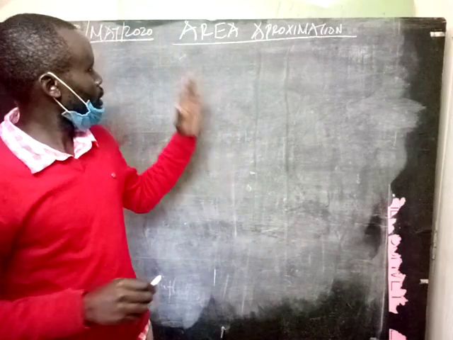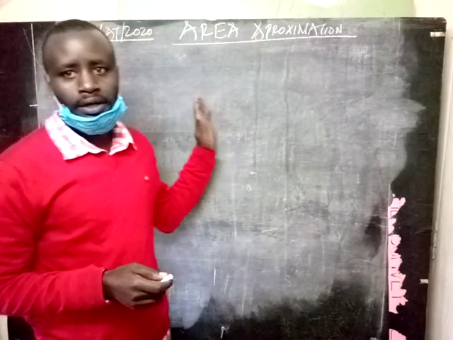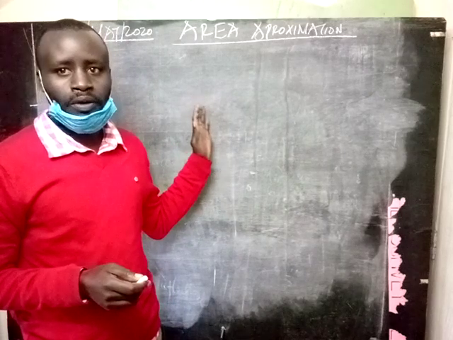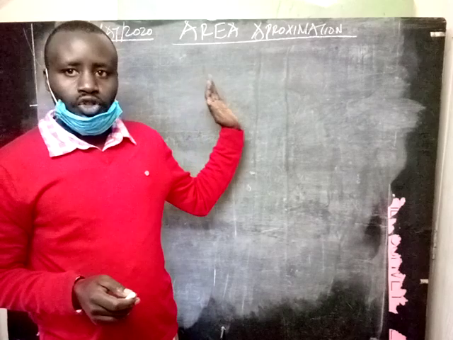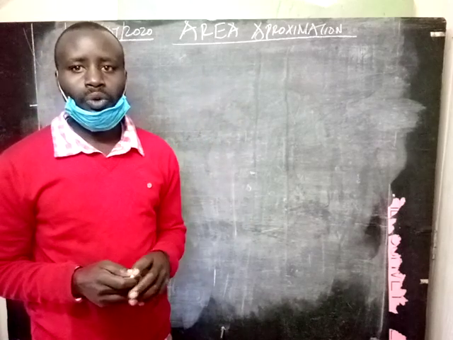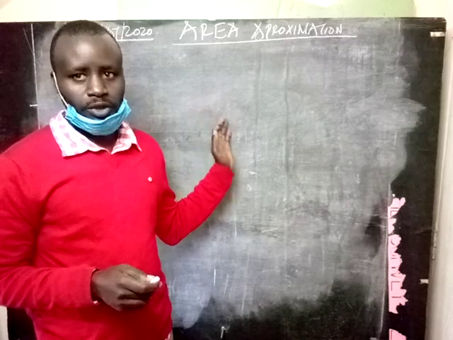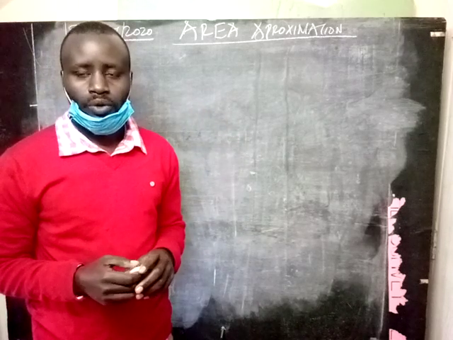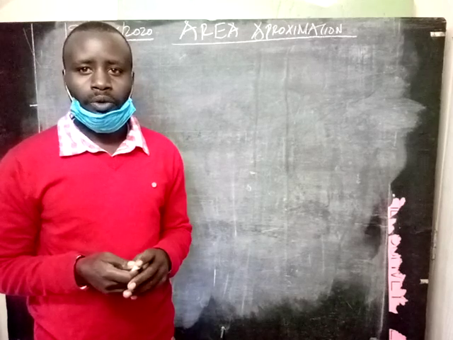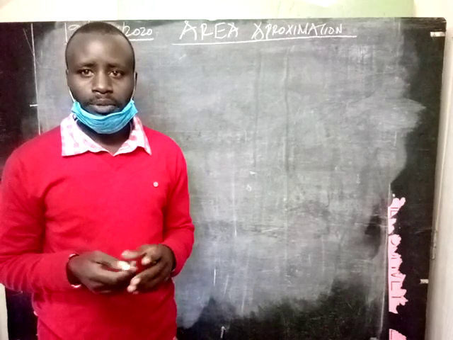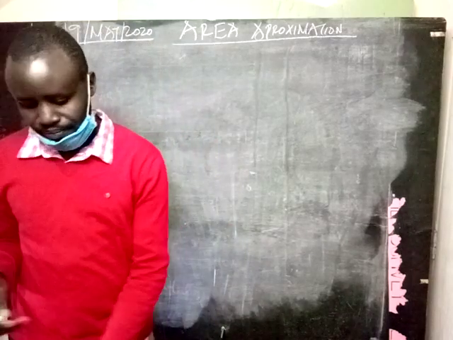When we are learning area approximation in Form 4, remember this is the second last topic of Form 4. We did some area approximation in Form 1, where we found the area of irregular shapes, and we are going to continue with the same.